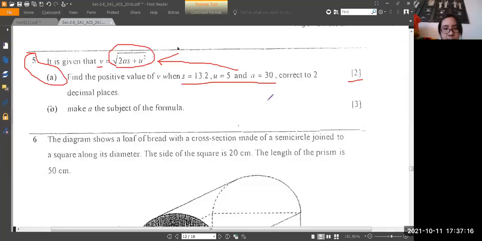So can you annotate on the whiteboard now? Cannot. Oh, okay, then never mind. Just do it on a piece of paper. Let me share the question.